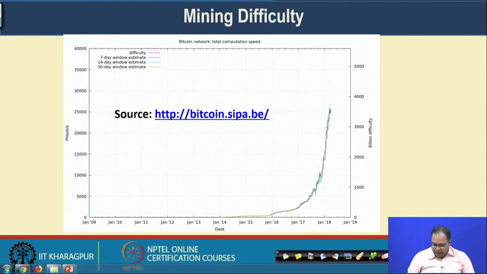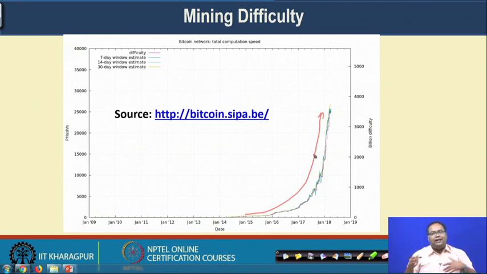So, you can see that mostly from January 15 to the current time, we have a sharp increase in the difficulty level. Later on we will see that presently more and more miners are coming with high power hardware to mine the blocks.